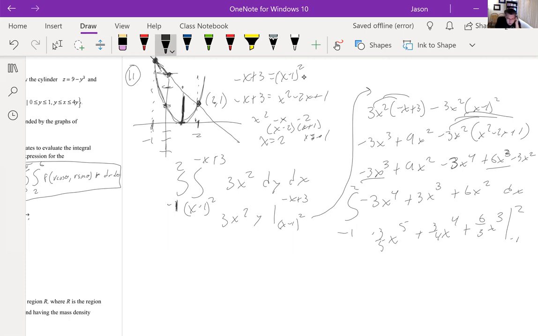Okay, so if I plug all this in, it really becomes a calculator problem at this point.